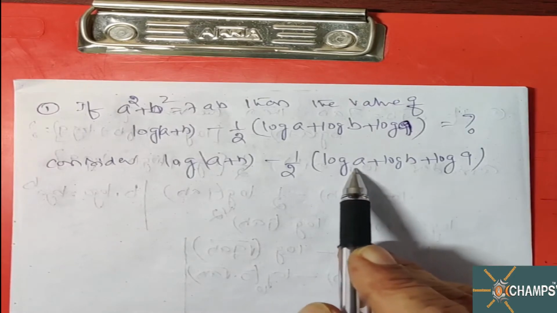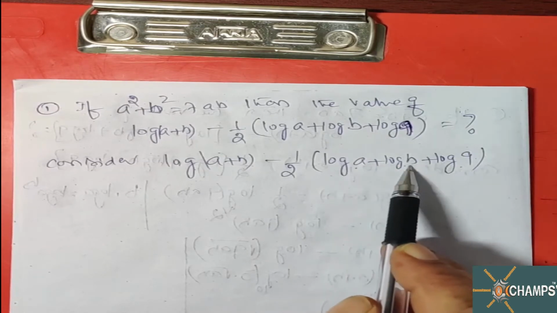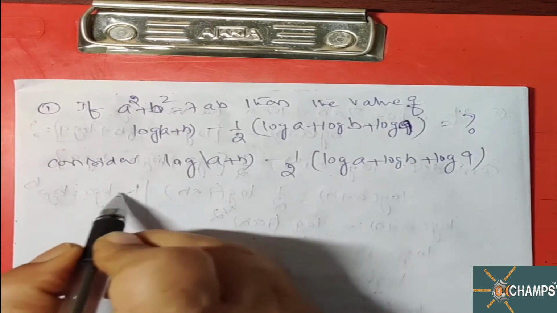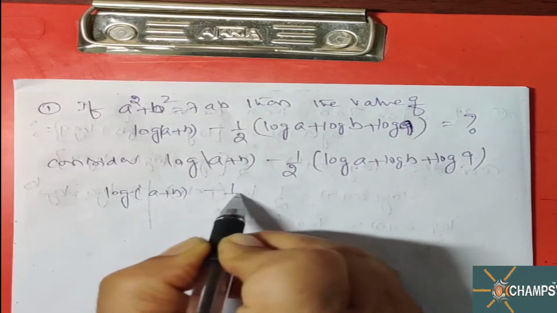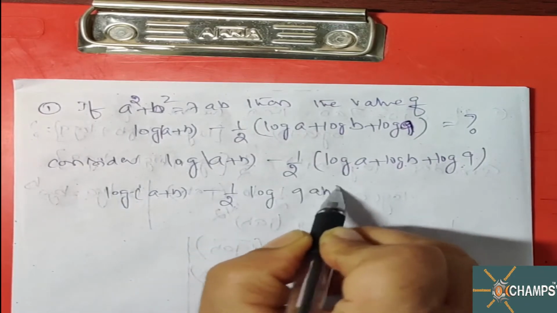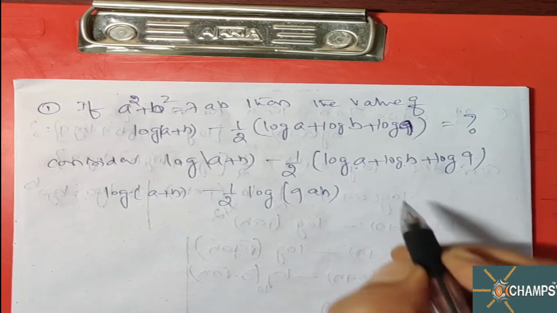Now this is of the type log a plus log b plus log c, which can be written as log abc. So log of a plus b minus 1 by 2 into log 9ab.